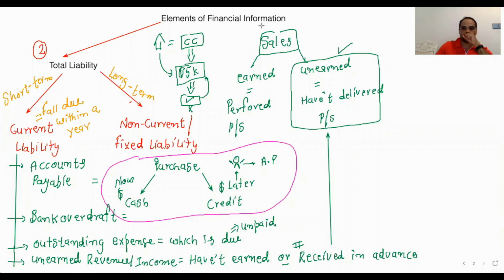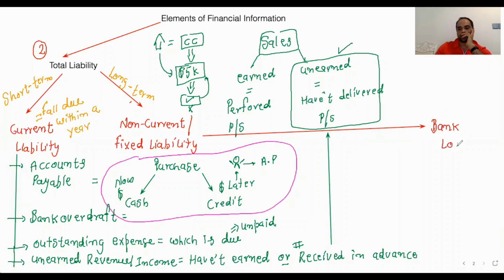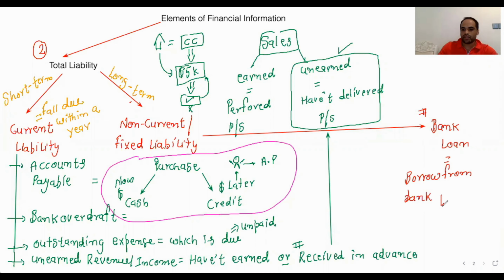Now, what is the meaning of non-current liability? Non-current liability, of course, as I explained, is something you have to pay off after 1 year, depending upon the time. The best example for non-current liability is a bank loan. And always remember, bank loan means borrowing from the bank. When you borrow money from the bank, do you need to give any assets to the bank?